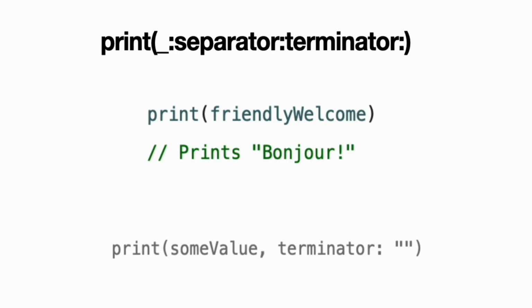The separator and terminator parameters have default values, so you can omit them when you call this function. By default, the function terminates the line it prints by adding a line break. To print a value without a line break after it, pass an empty string as the terminator. For example, print(someValue, terminator: ""). For information about parameters with default values, see Default Parameter Values.